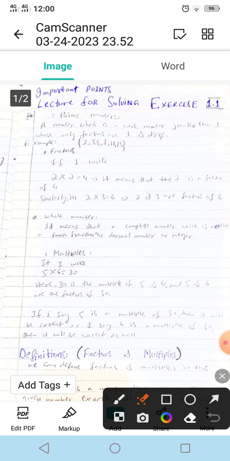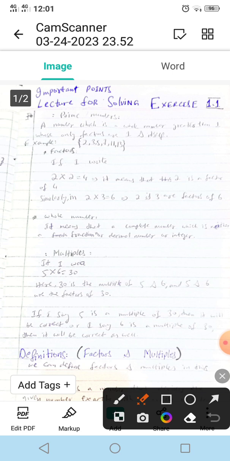Whole number means it is neither a fraction nor a decimal number, and it is not an integer. Whole numbers start from 0 and go on to positive infinity.